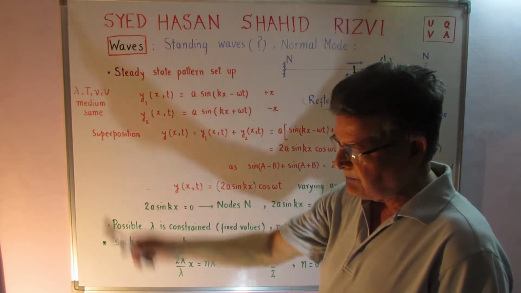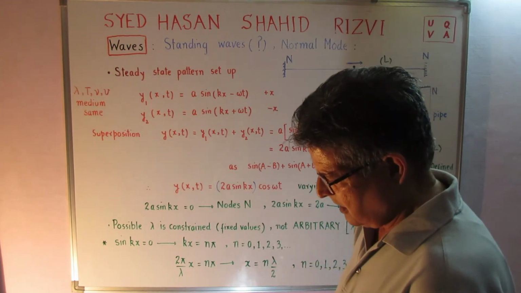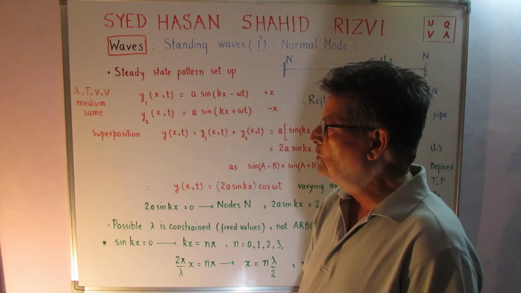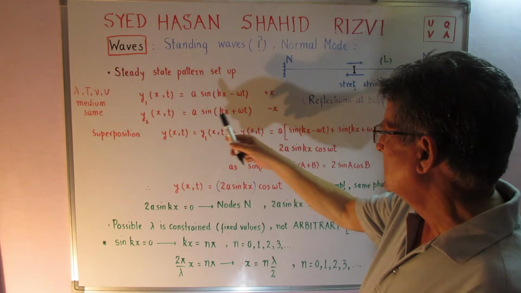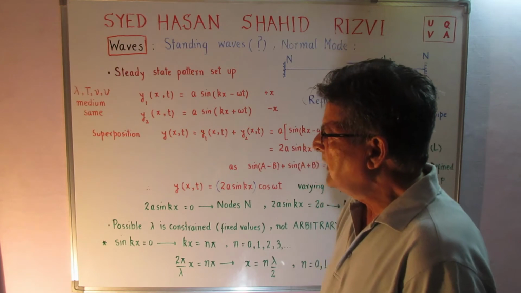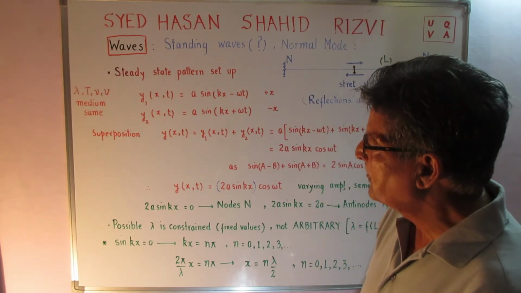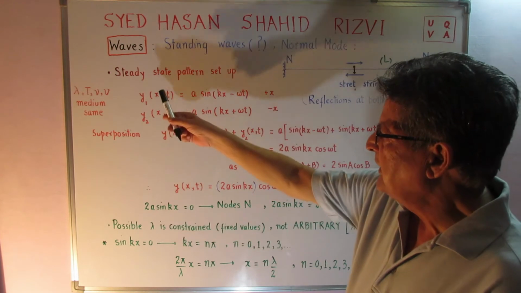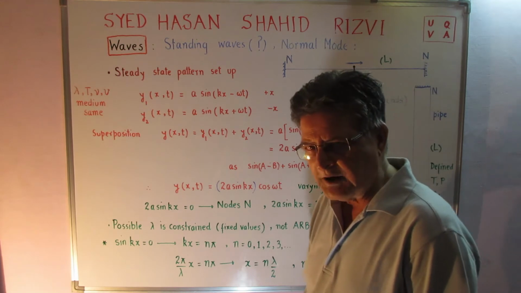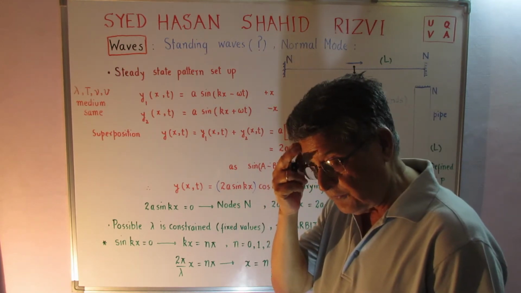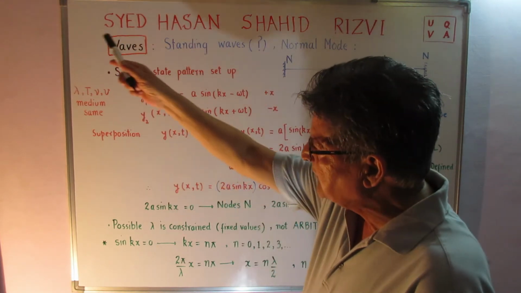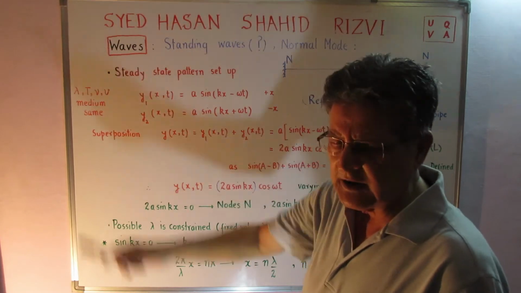On the left hand side will appear a drawing which will show you how the two waves, one going like this and the other exactly opposite in phase, superpose and a steady state pattern is set up. I find myself incompetent to produce that kind of diagram, because of my own constraints. So please look at that, and I'm not going to explain it to you.